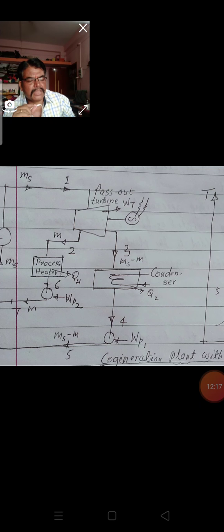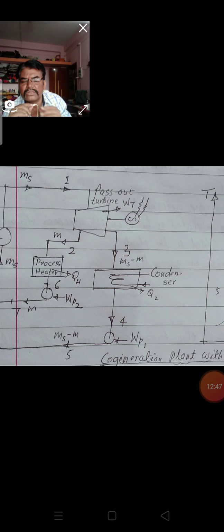However, this type is seldom used, that is, very rarely, because of its high initial cost and low pressure to heat ratio, especially at high process steam pressures. So this cycle has the advantage as I explained.